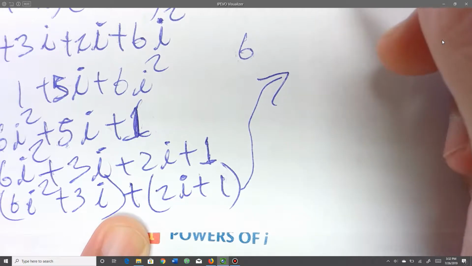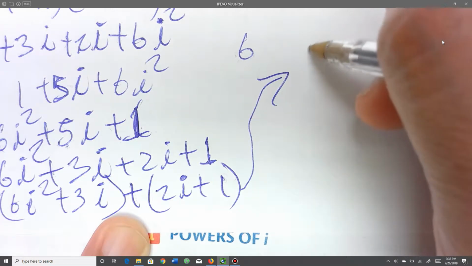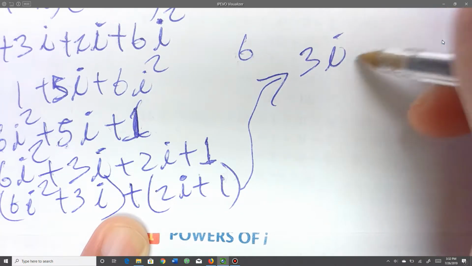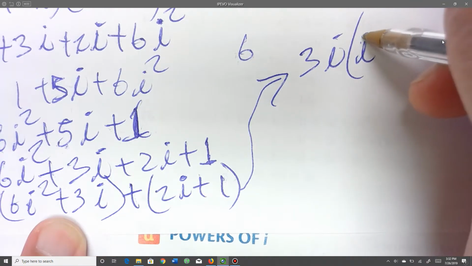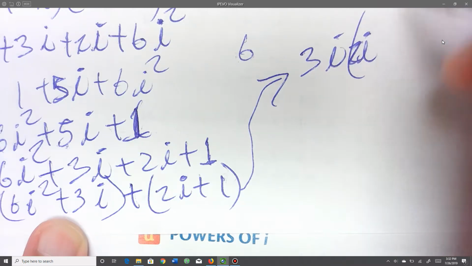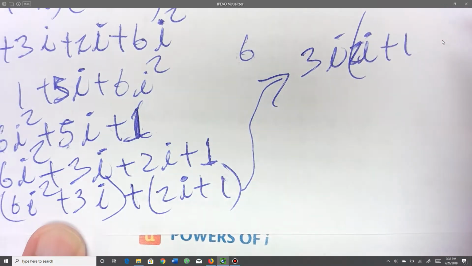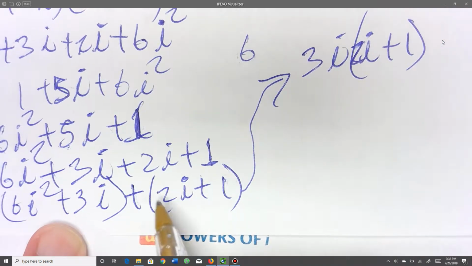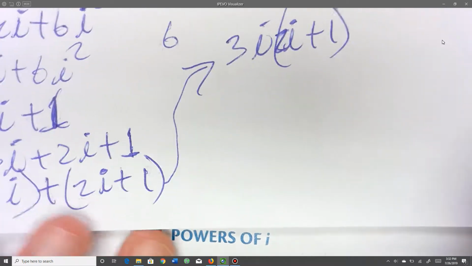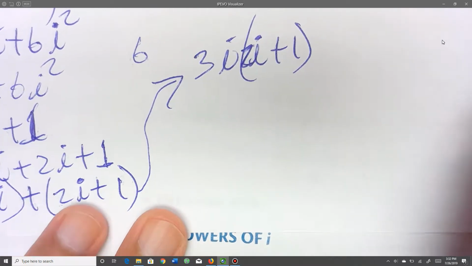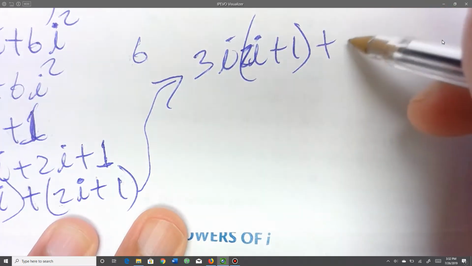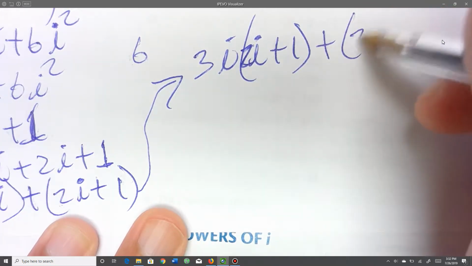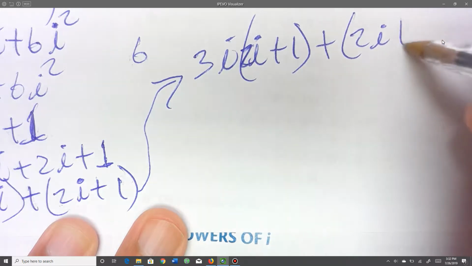So 6i squared plus 3i becomes 3i times 2i plus 1. I'm going to rewrite this part here, plus 2i plus 1.